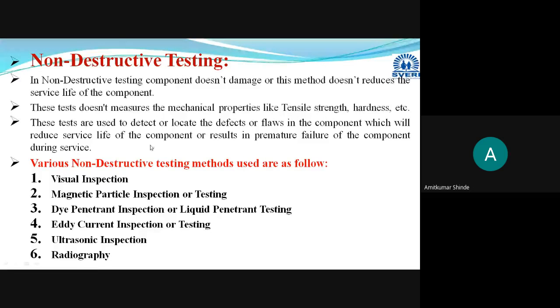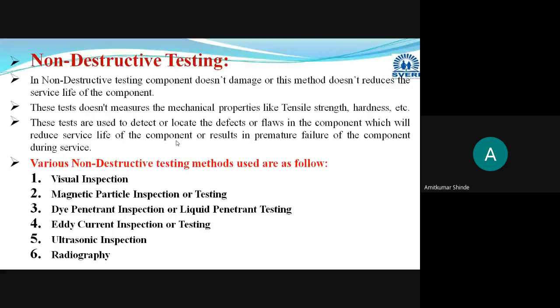Then what is the use of non-destructive testing methods? These tests are used to detect, or locate, the defects or flaws present in the component. Why is this detection necessary? If these defects or flaws get carried forward in that component and you use it in actual service, it will result in premature failure of that component.